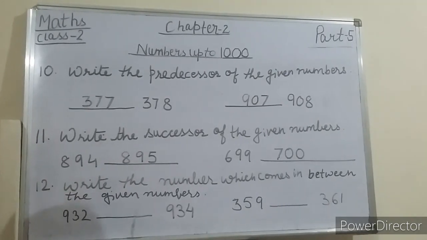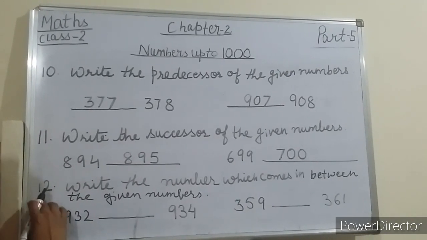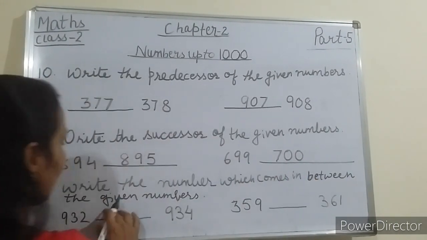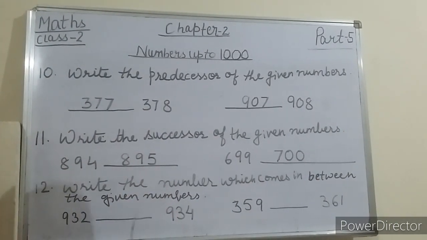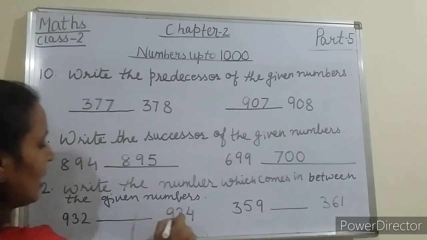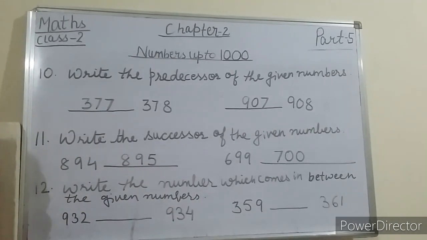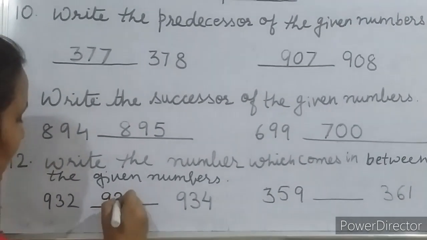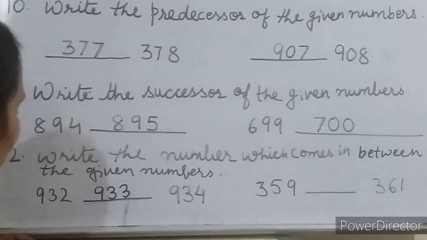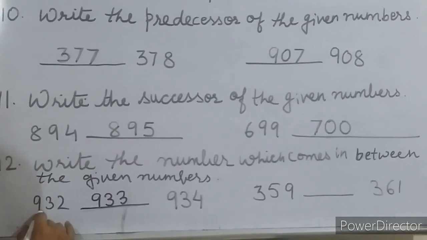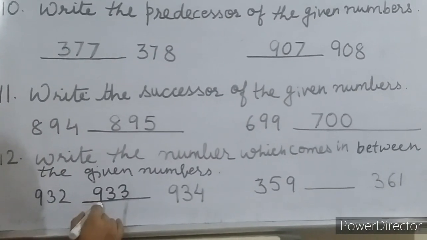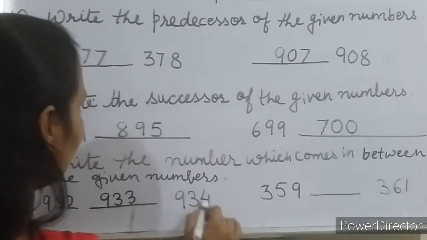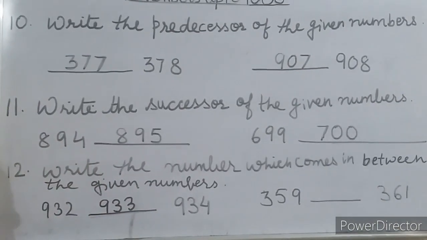Okay students, now write down. And here question number 12, write the number which comes in between the given numbers. So what comes in between 932 and 934? Yes, very good, 933. See, the successor of 932 is 933 and the predecessor of 934 is 933.